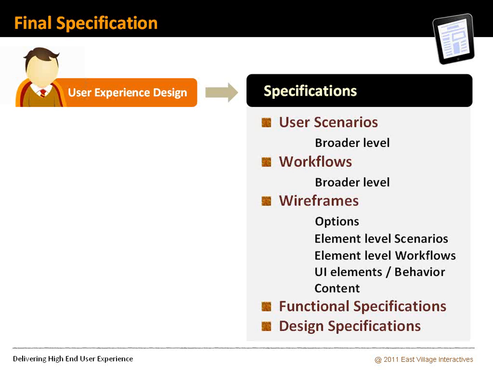This in turn becomes a functional specification document that will be distributed to the technical team, to the marketing team eventually, and to the design team. And this might also carry some design specifications which need to be considered by the GUI team, that's the graphic user interface team.